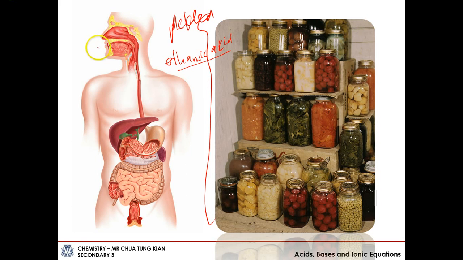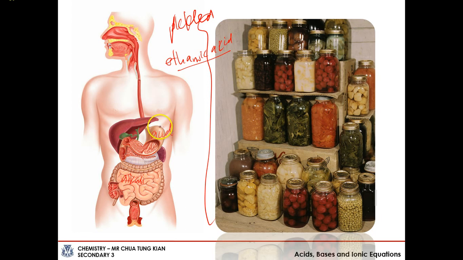In our human body, the pH changes from our mouth all the way down into our stomach. Our stomach is acidic. Our small intestine is actually a bit alkaline. So you notice the pH changes as the food moves through our body. Why are the different parts of our digestive system having different pHs?